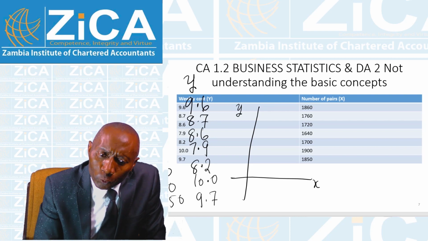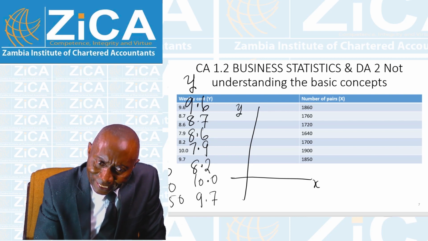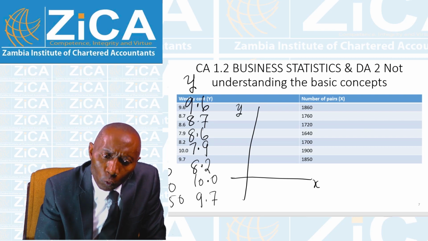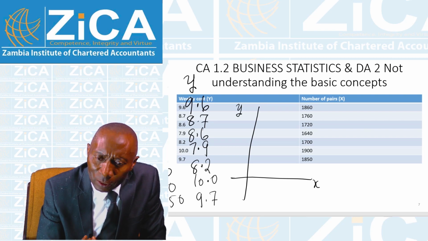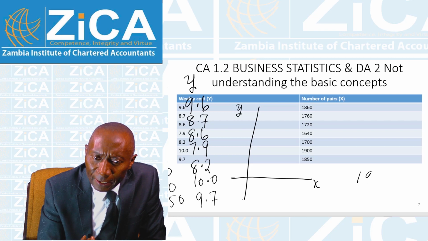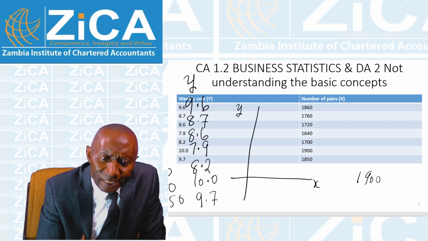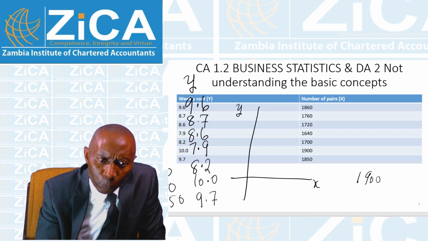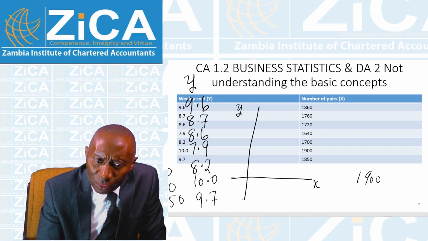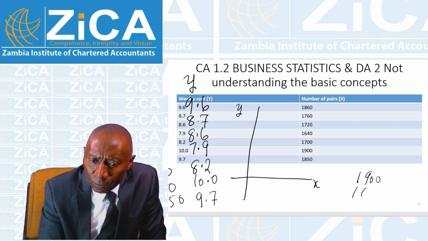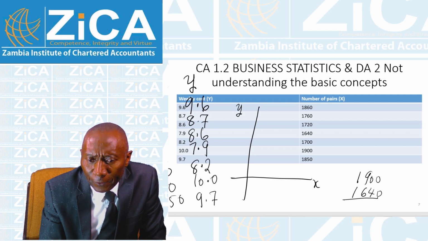Now, when you look at your X values, you can see the maximum value, that is 1,900. And the smallest value, if you scan it through, is 1,640. If you take the difference there, it will be 260.